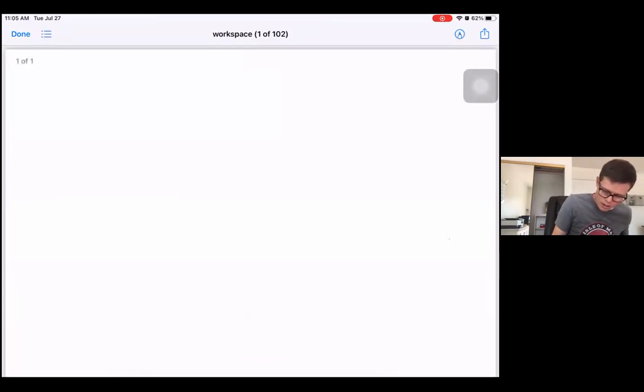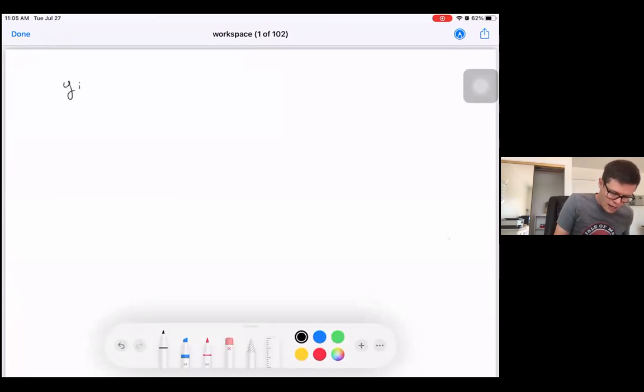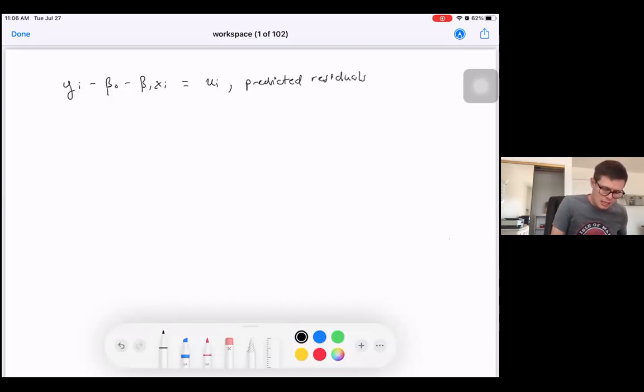And the formula was y_i minus beta naught minus beta 1 x1. The correct answer is that this is u_i, which we also call the predicted residuals. Why is it predicted? Because this is essentially our y hat, which is our predicted y.